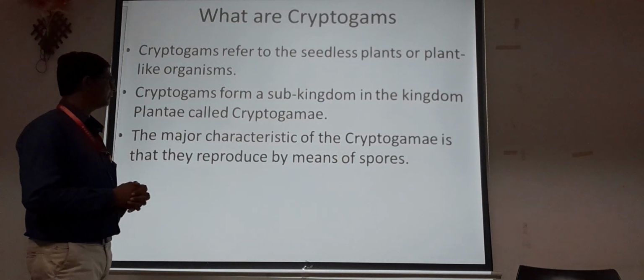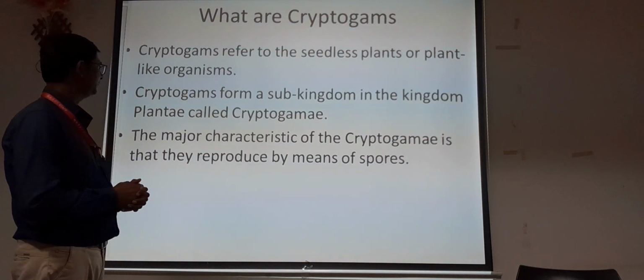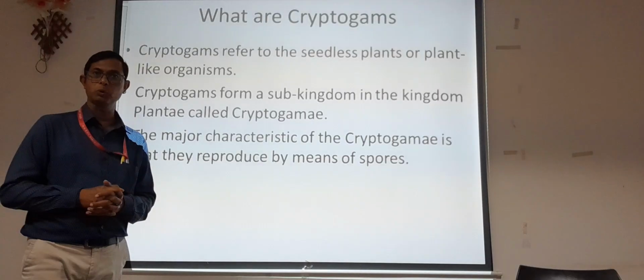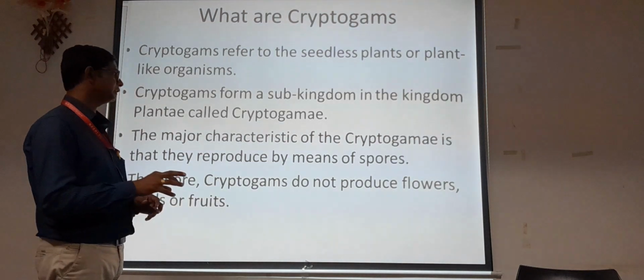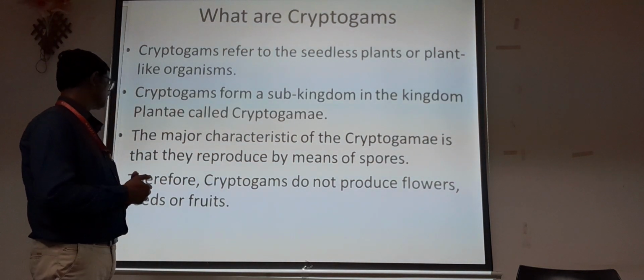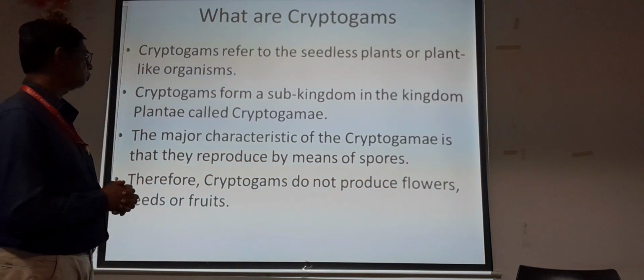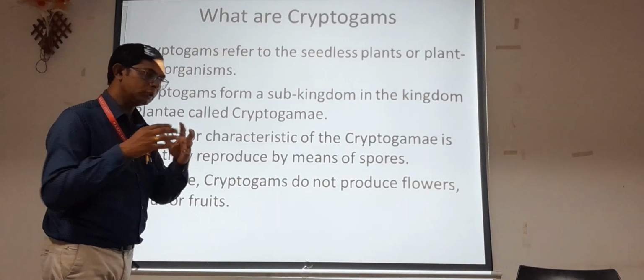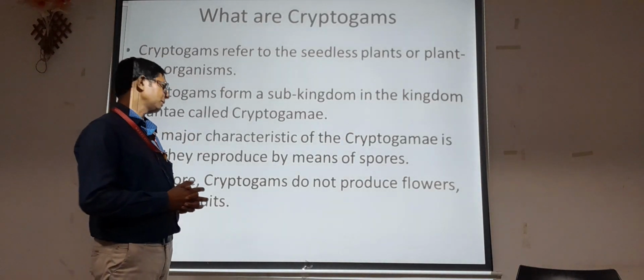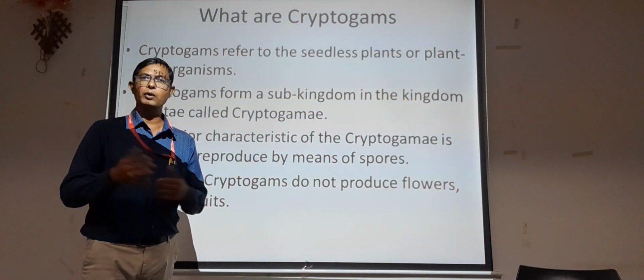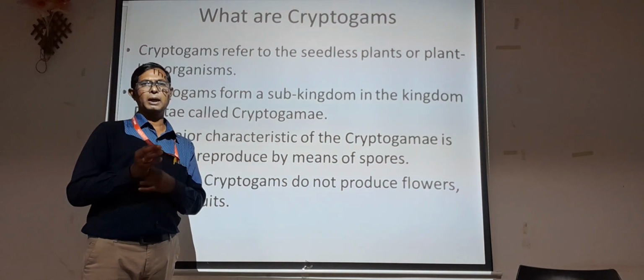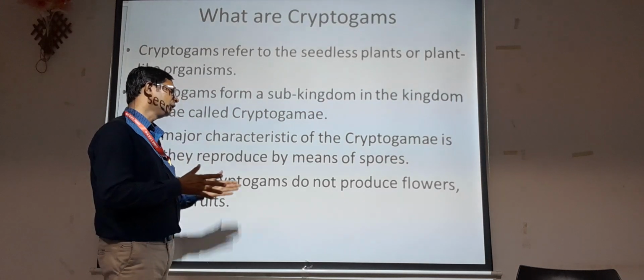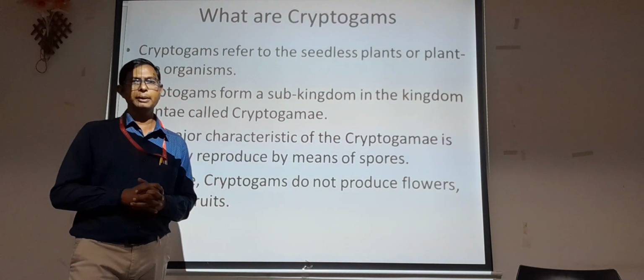Then the major characteristic of cryptogams is that they reproduce by means of spores. So instead of producing seeds, they reproduce by spores. Therefore, cryptogams do not produce flowers, seeds or fruits. So cryptogams are also known as flowerless plants, meaning those plants which cannot produce flowers we call cryptogams.